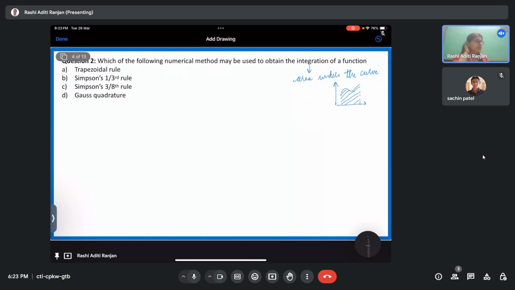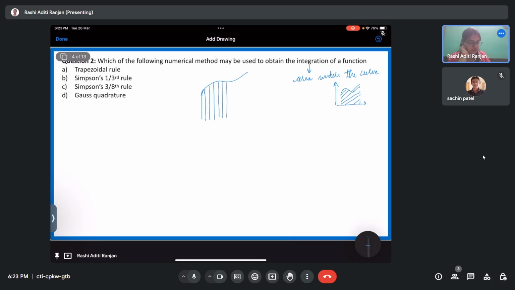So if it is area under the curve, what if I discretize it? Which means that for a particular area, I'll take small strips like this.